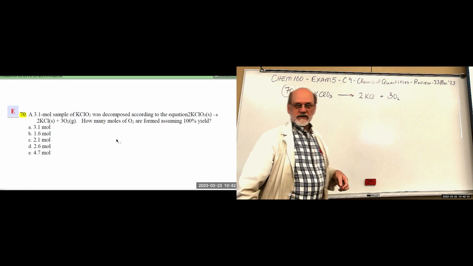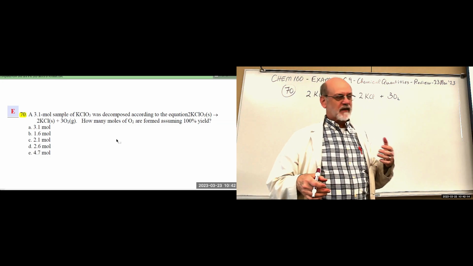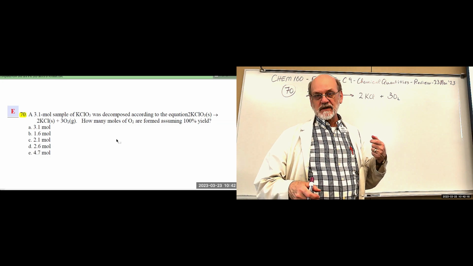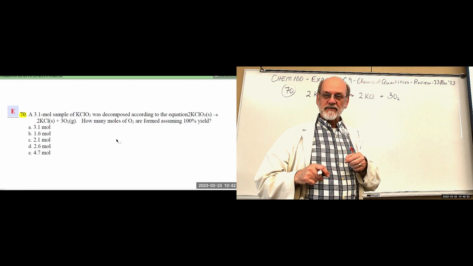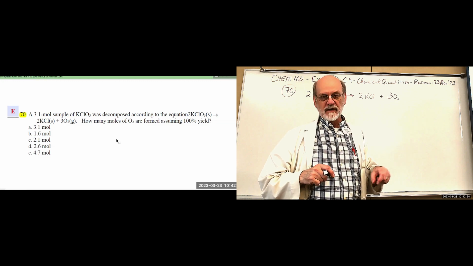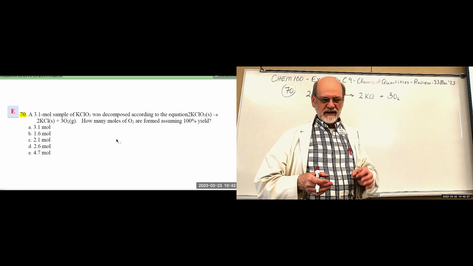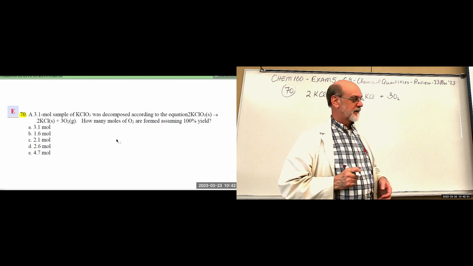So what you do, if you're a devious chemistry student, is you take a concentrated solution of potassium chlorate and mix it up, and then you take droppers and you drop it on the floor in the lab, and it dries into little white spots that are hard to detect in most tile floors.